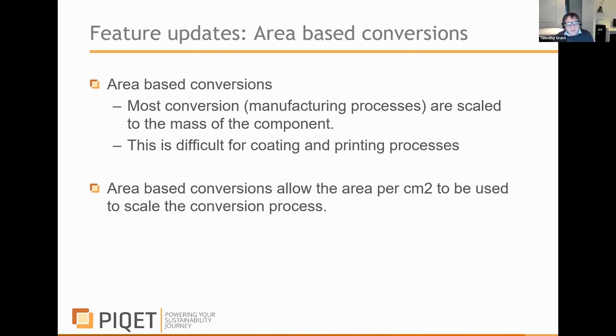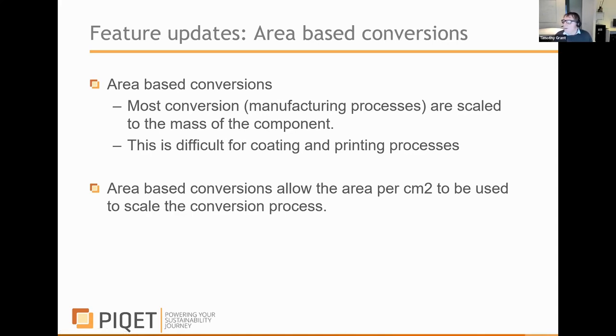But that is always difficult when you're looking at coatings or printing, which are more naturally scaled to the area of the package rather than its physical mass. So we've implemented area-based conversions that allow you to add specific processes, and as a starting point, we've got, I think, 8 area-based conversion processes built into the tool, and we will add more as we go.